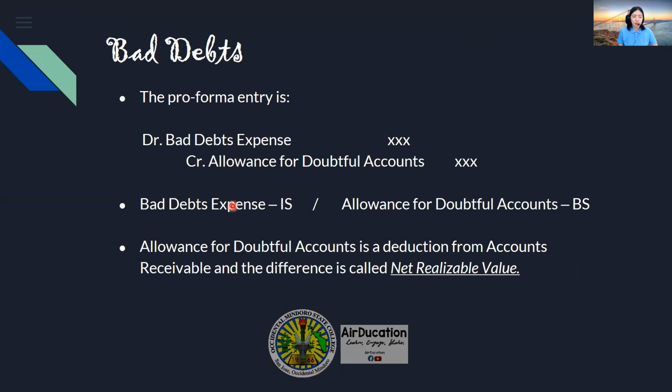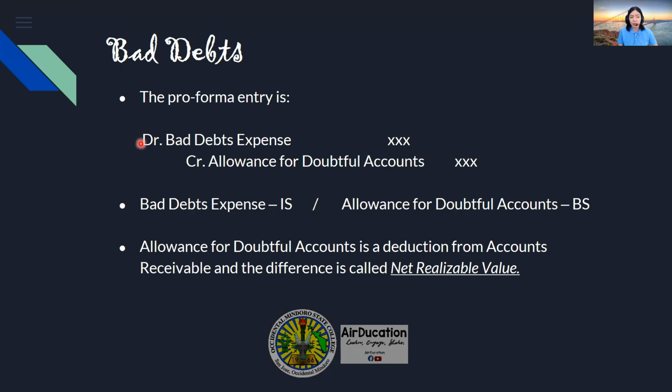So this is the example of an entry using bad debts account. Of course, if it is possible that a receivable will no longer be received, magiging expense na natin siya. Kasi hindi na natin siya matatanggap eh. Diba? Magiging expense na natin yon.